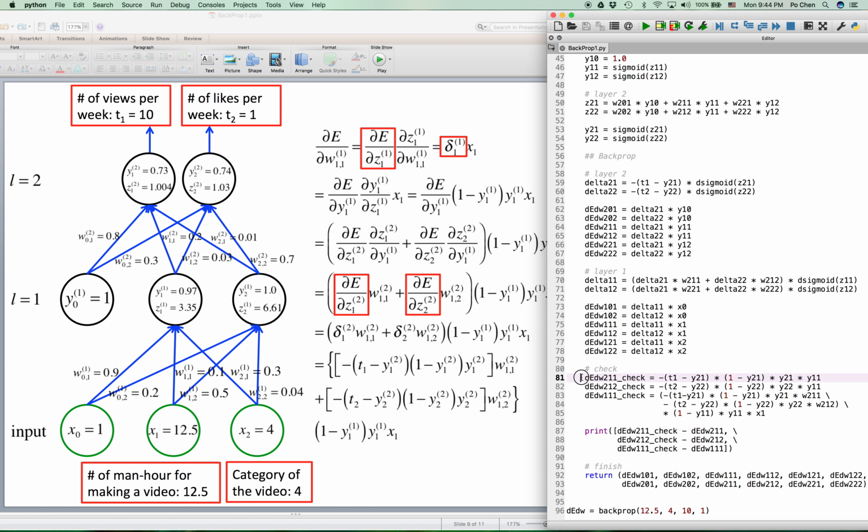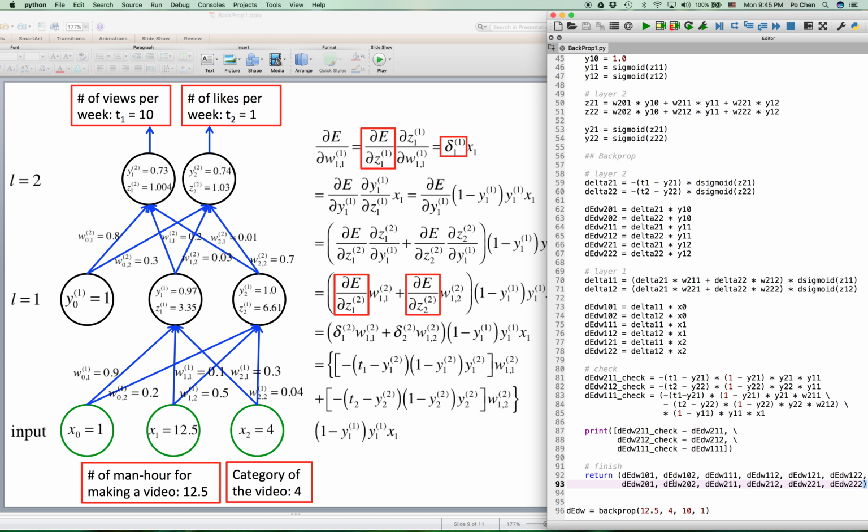We compare the 3 derivatives computed using the analytic expressions with the derivatives computed using the backpropagation algorithm, just subtracting them. If the differences are within machine precision, then it is very likely that our backpropagation algorithm is implemented correctly. At the end of the function, we assemble all the derivatives into a Python tuple and return it.